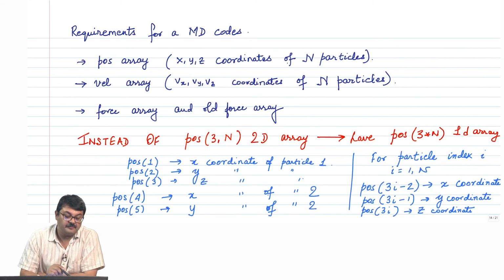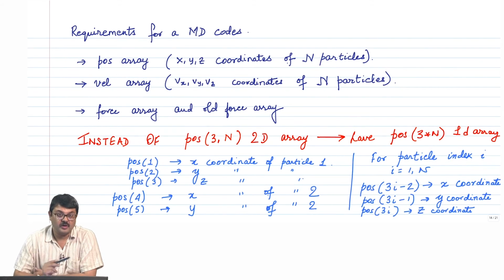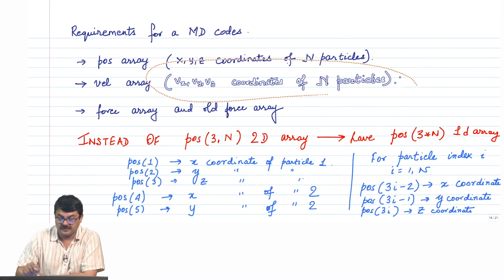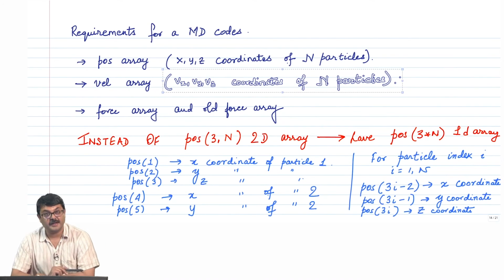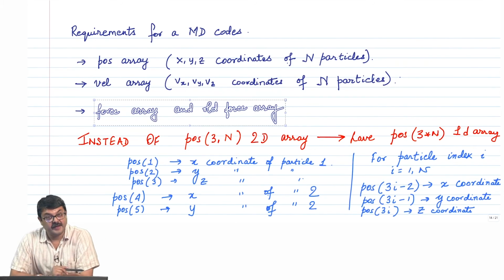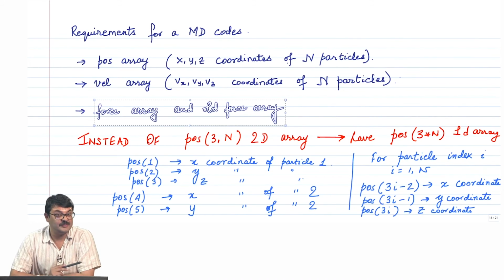You need the vel array, call it velocity, whatever you want to call it, but I like to call it the vel array, which stores the Vx, Vy and Vz coordinates of N particles. Moreover, one needs the force array, where basically the total force acting on any particle will be saved.